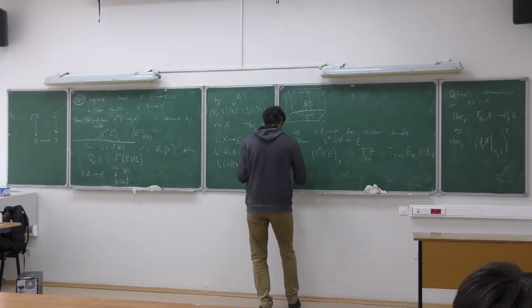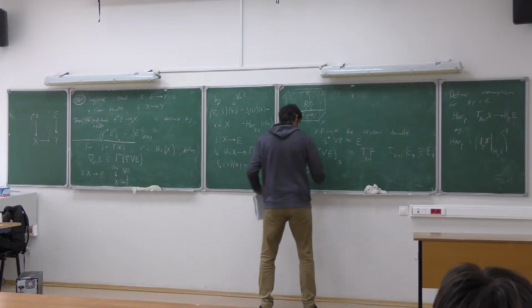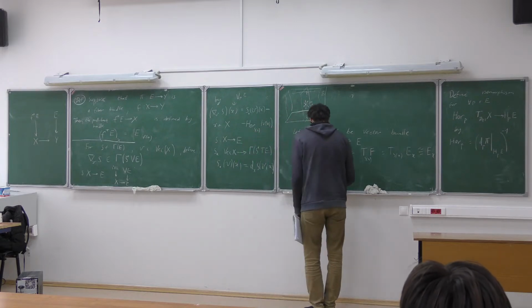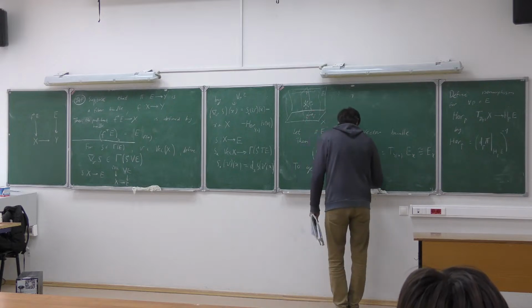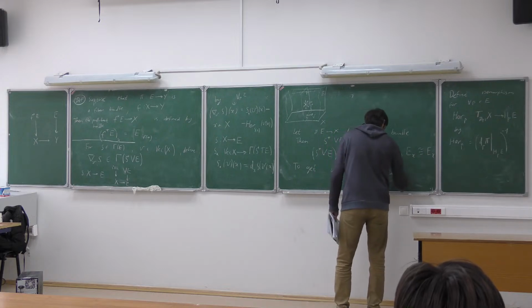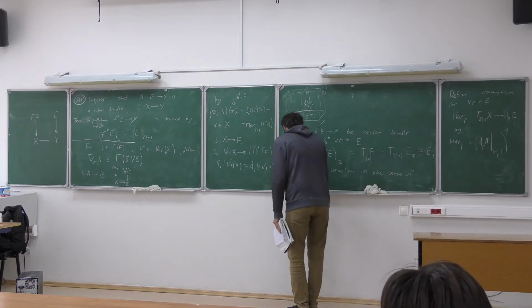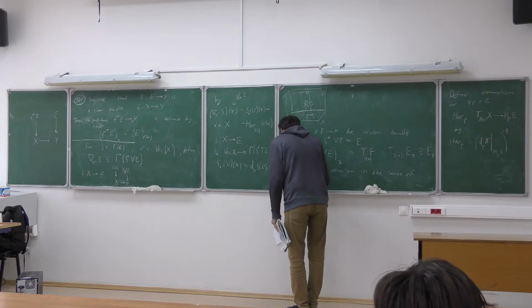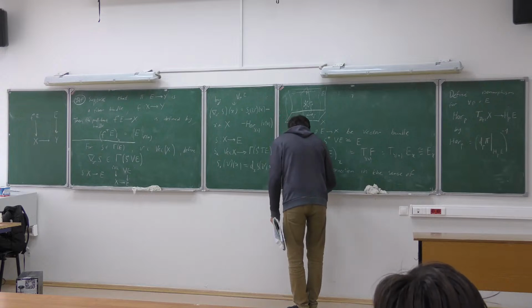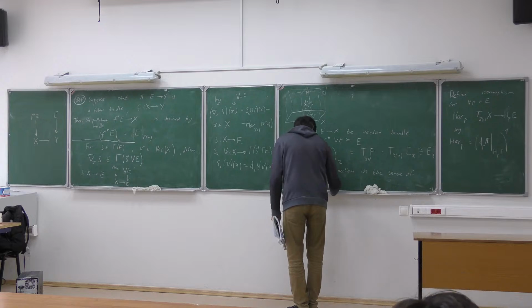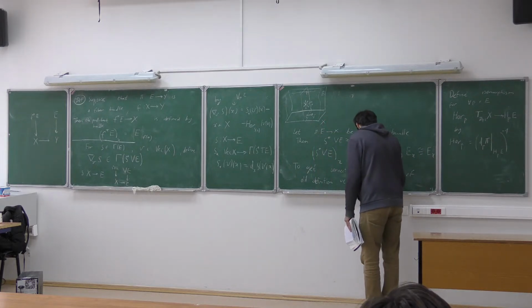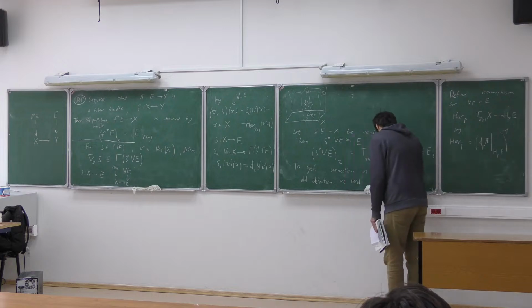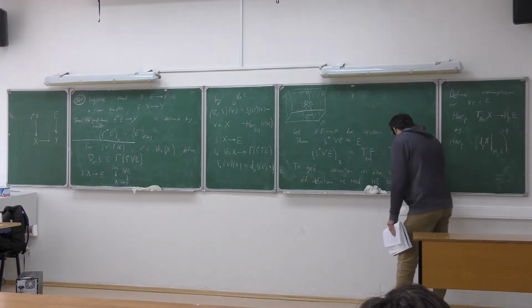So to get a connection in the sense of the old definition, informally speaking, we need H^E to be what's called a linear connection.